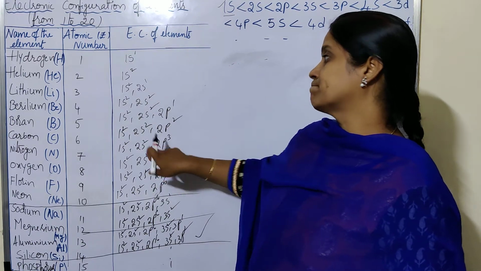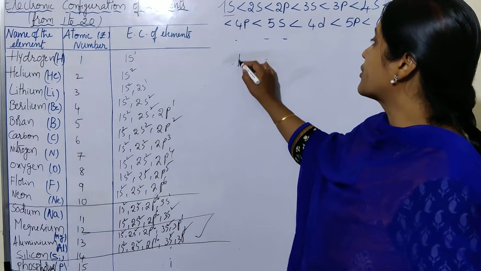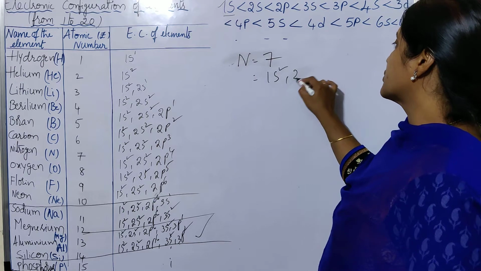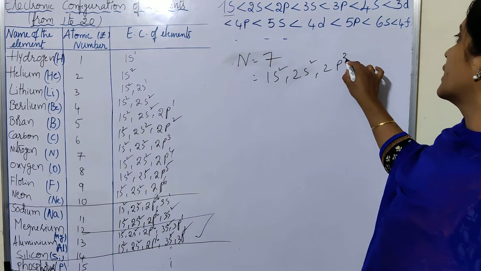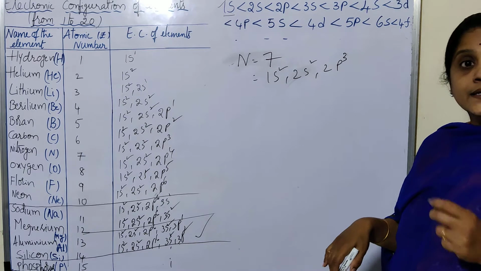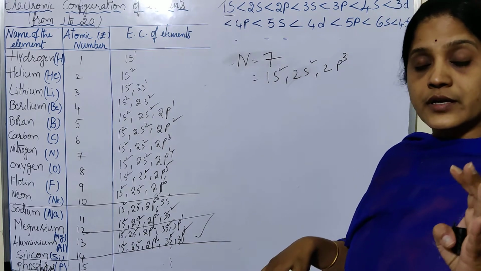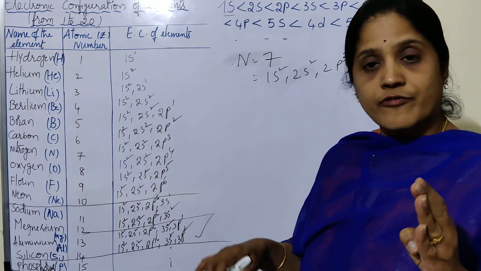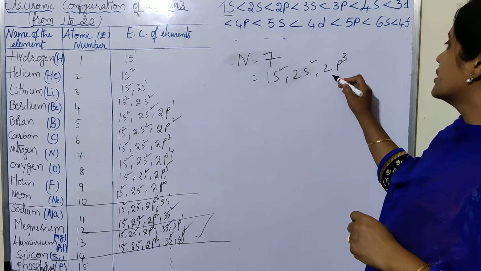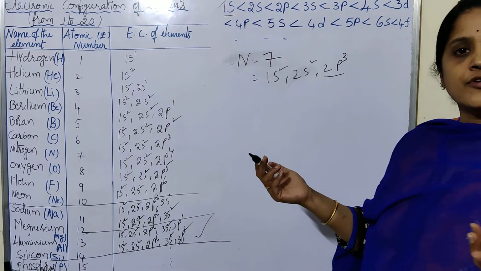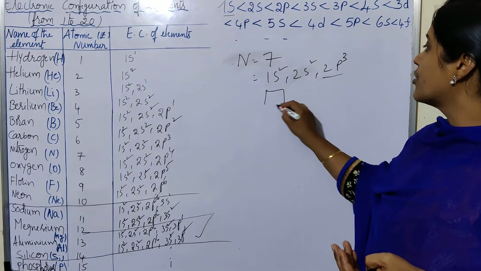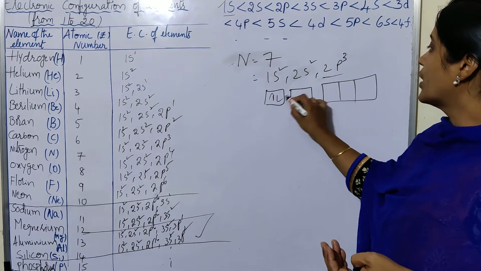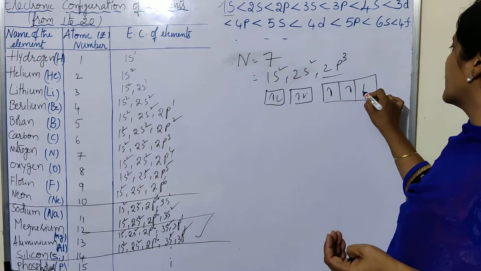So I'll take nitrogen. Nitrogen has atomic number 7. And what is the electron configuration? 1s2, 2s2, 2p3. Write all the 4 quantum numbers of the differentiating electron of nitrogen. So for the last electron, how do you know? Immediately you have to represent it through orbitals: 1s2, 2s2, p, p, p.